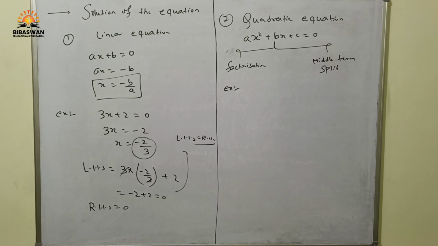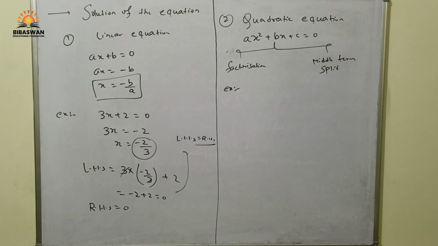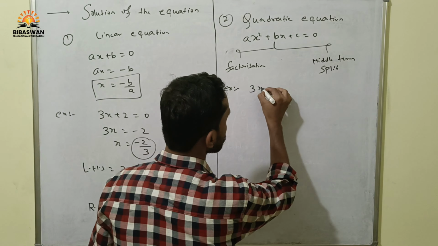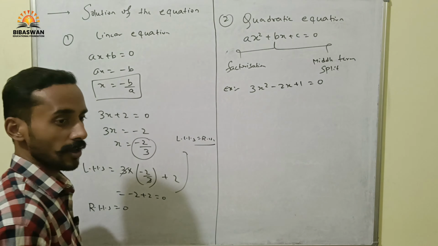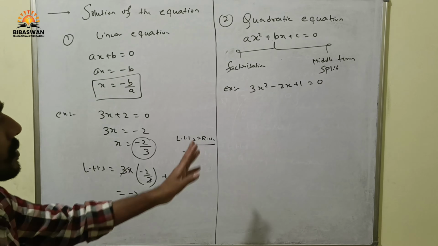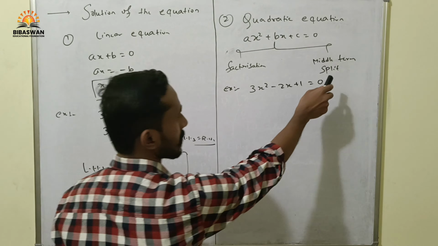Let me see a question. 3x square minus 2x plus 1 is equal to 0. We have to find a solution of this equation, and we have to use middle term split here.